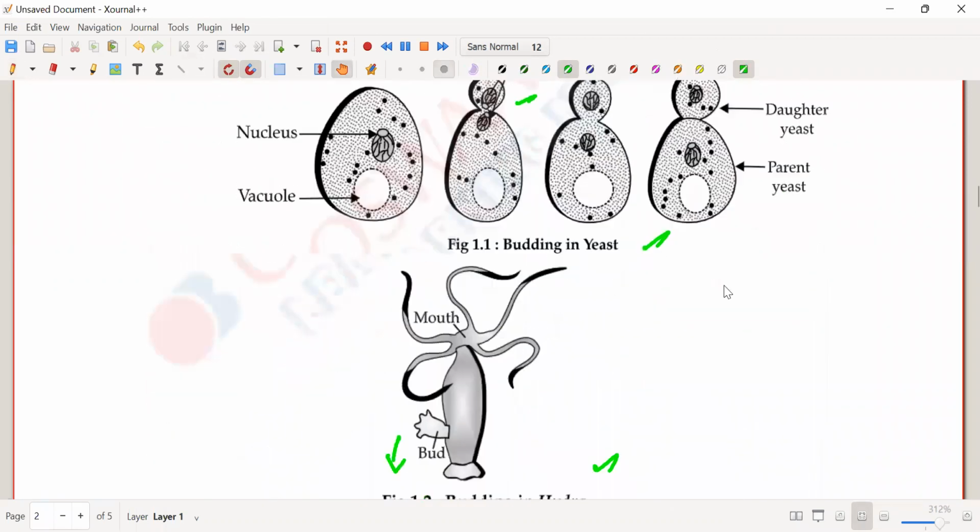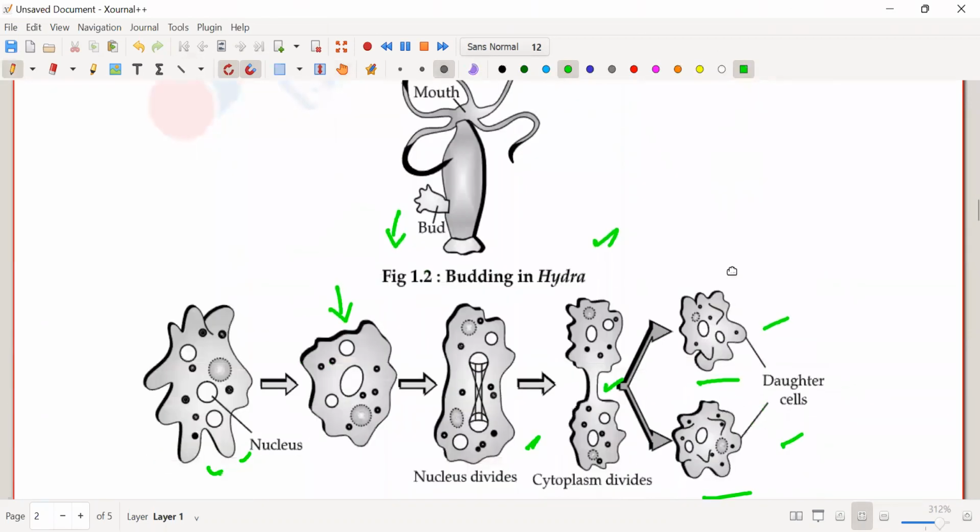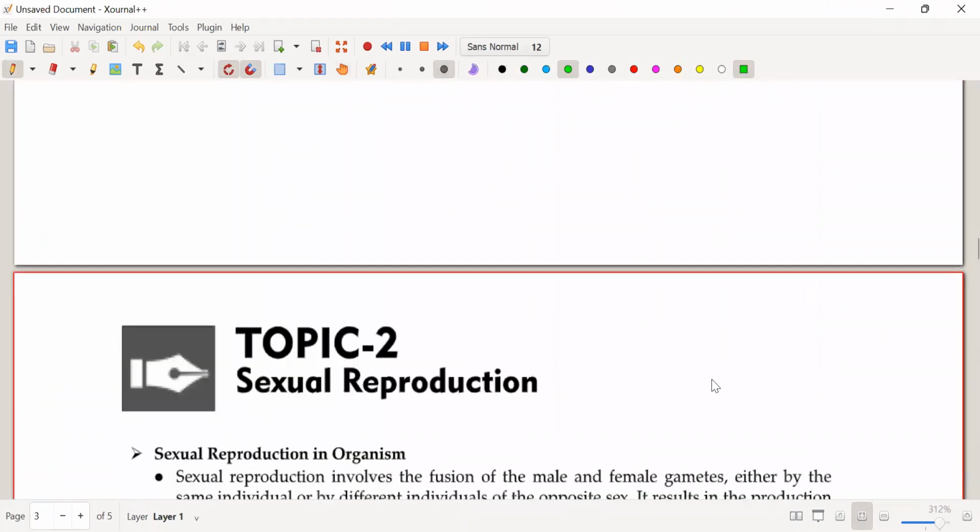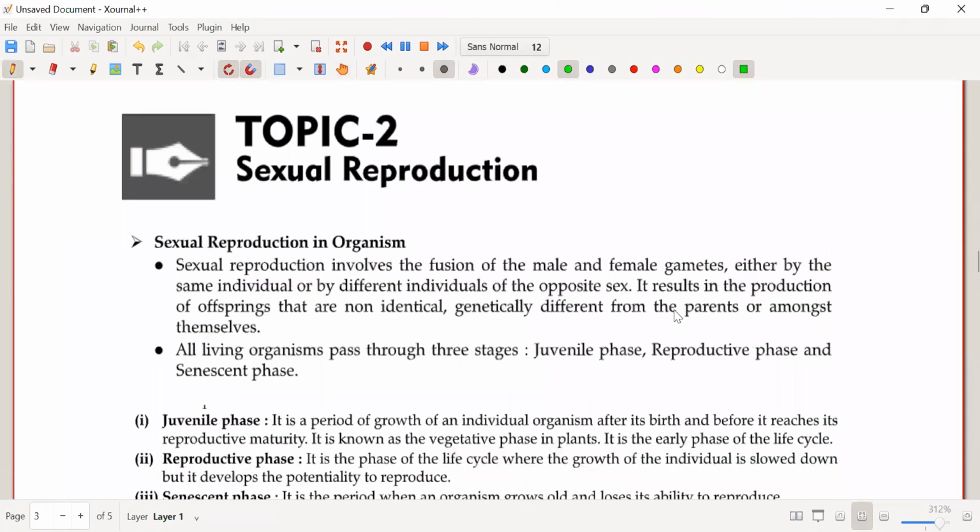Then these are the diagrams related with it. Next, we have to start with the next topic, sexual reproduction. Are you there, Ma? Yes, sir. All right. We'll start with sexual reproduction.